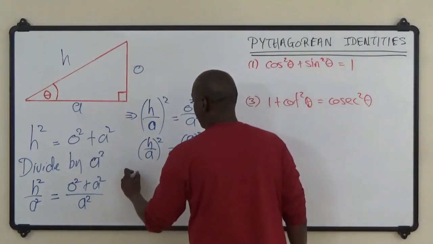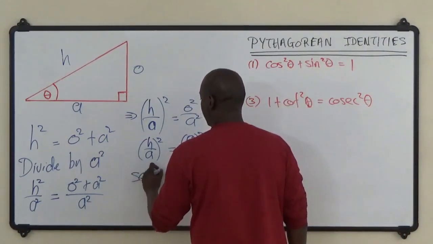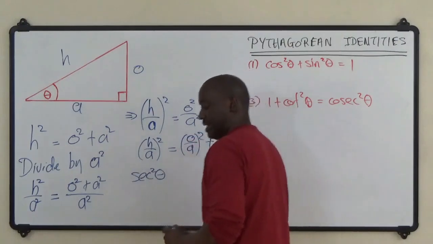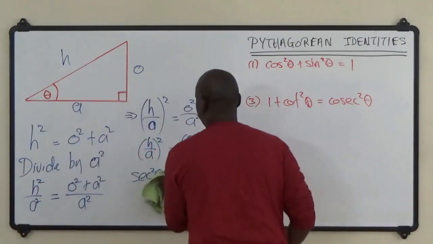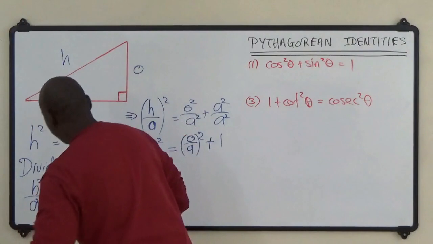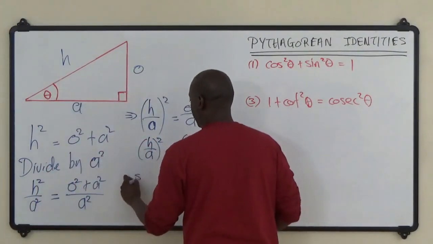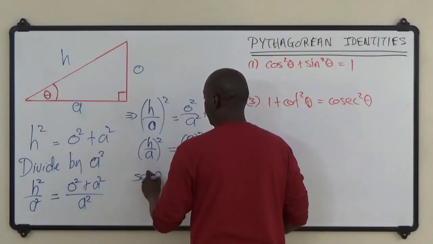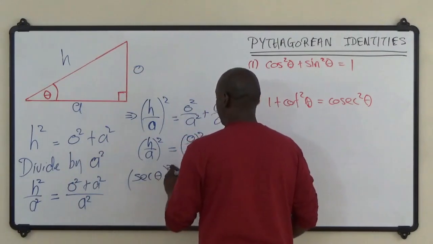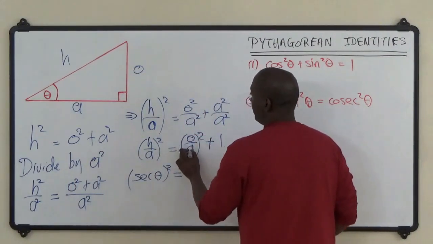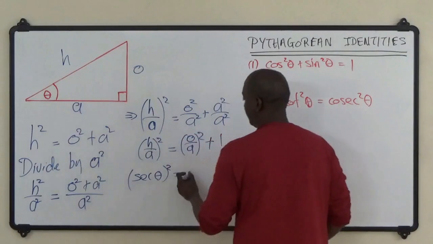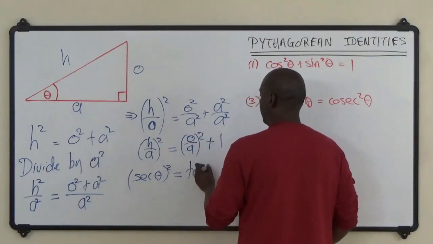So this here is sec squared theta. We're making the same mistake again. This is sec theta in brackets all to be squared, being equal to o over a, which is opposite over adjacent, that's tan. So that's tan theta.